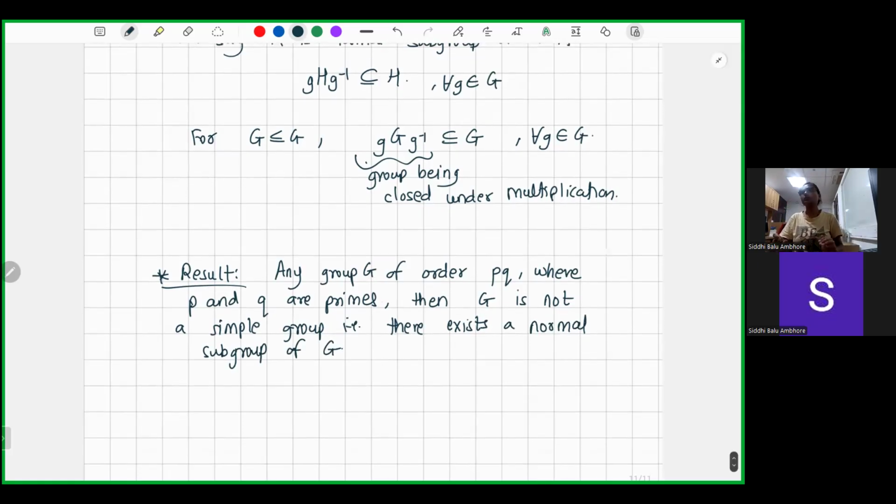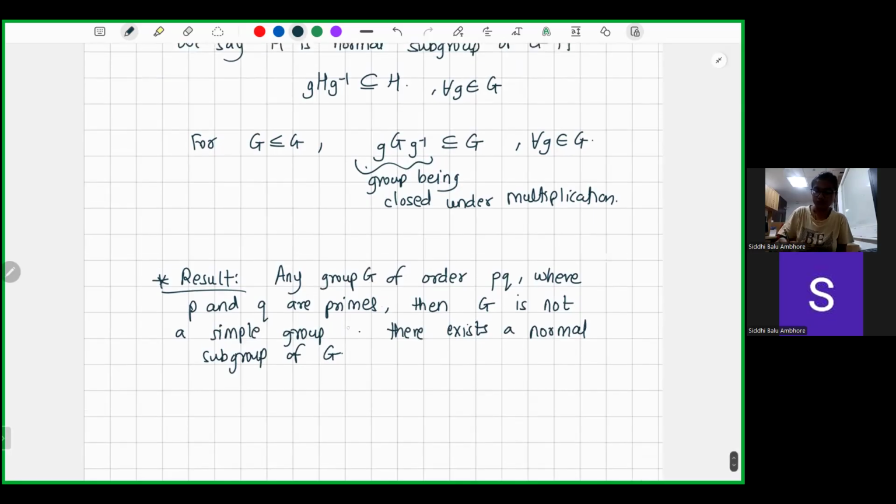You can prove this statement, and if you do not know how to prove this, you can raise the query in the discussion forum and we will try to answer that.